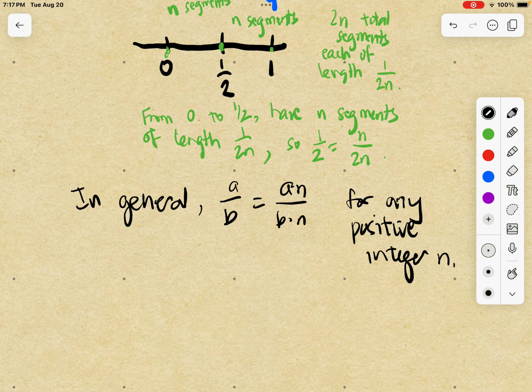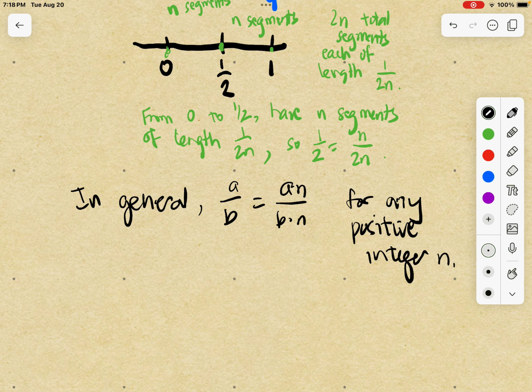This is hopefully something that you're aware of. And so when you're thinking of fractions, it's important not to think of 1 and 2 as two different numbers for 1/2. It's important to think of this quantity, 1/2, as a single number.